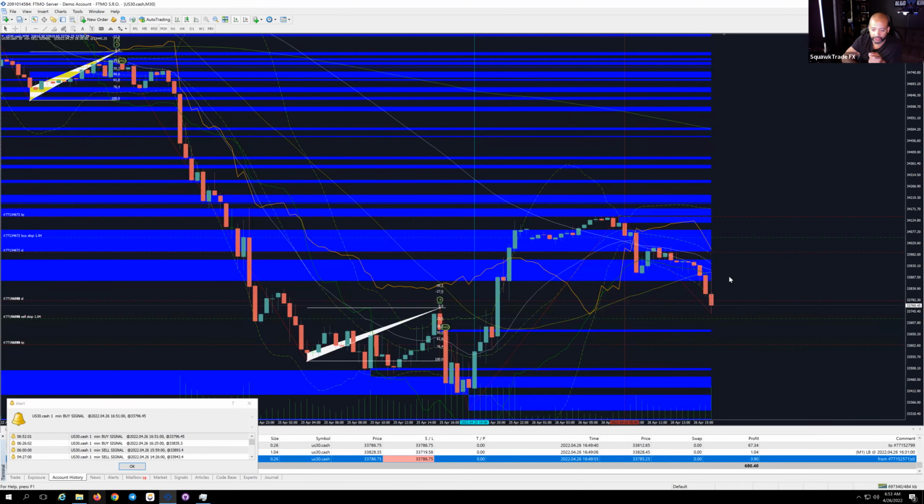My M30 is running M30 zones. My M1 is running M1 zones instead of M1 running M5. When I'm auto trading, my M30 is running M30 zones, my M1 is running M1s. If I were to choose an hour chart, my hourly chart is running the same time period as well.